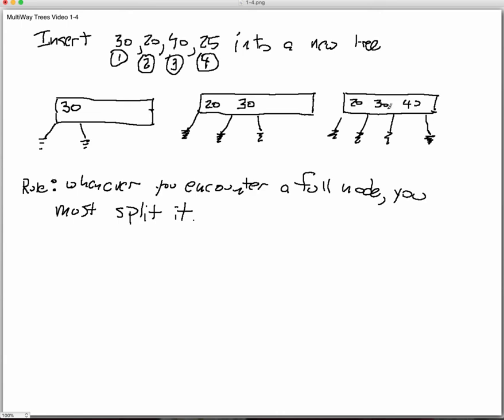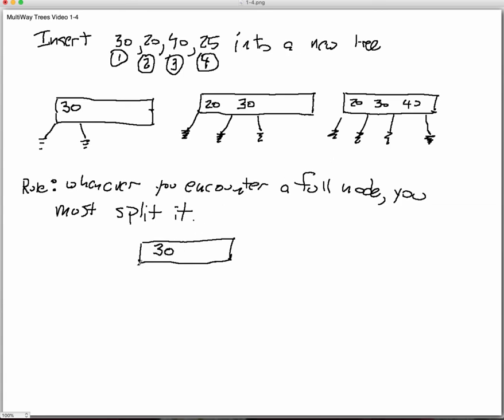What I am going to do is take this value, 30, and promote it. So I now have 30 over here.